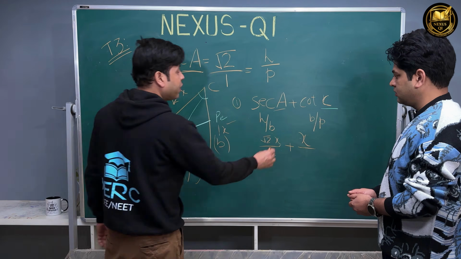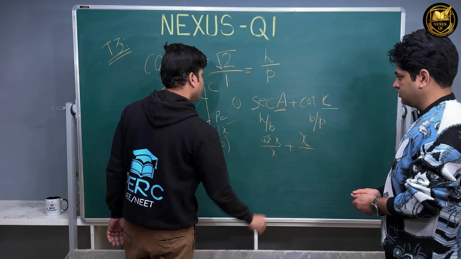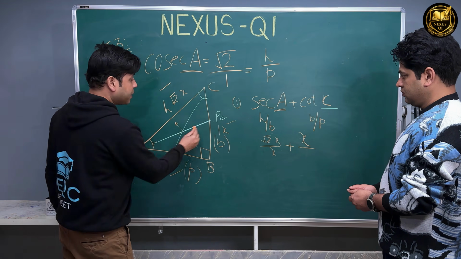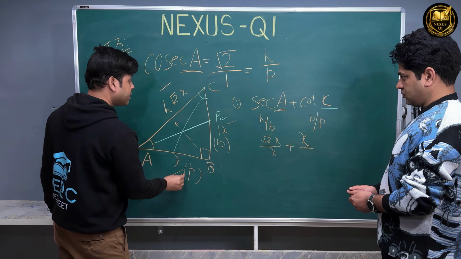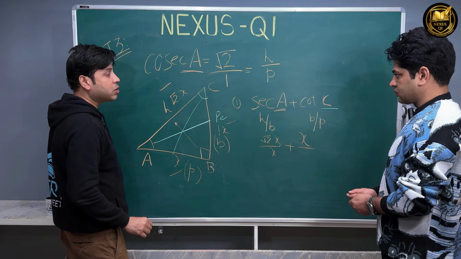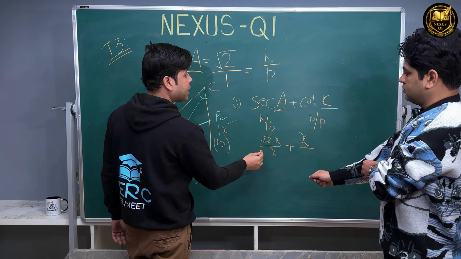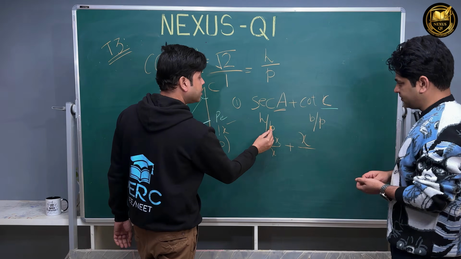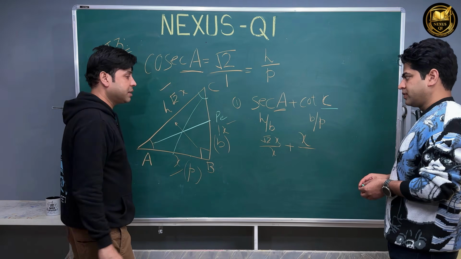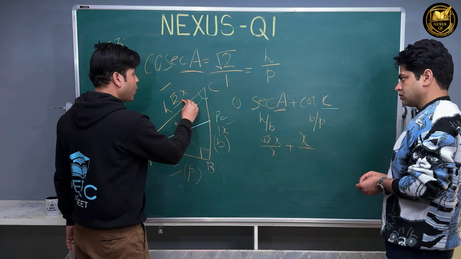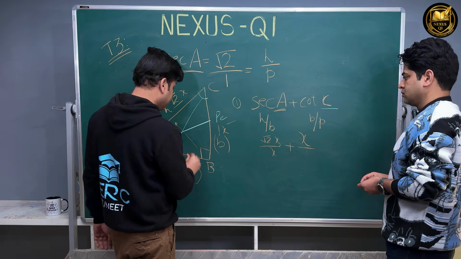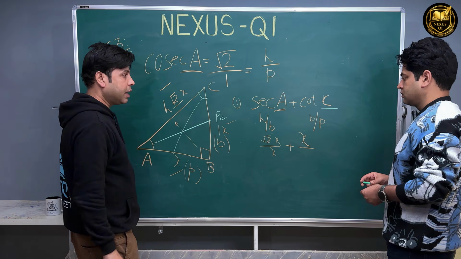So again, first see angle A. For angle A, this becomes perpendicular, this becomes base, this is the hypotenuse. Sec of angle A is the ratio of hypotenuse by base. Hypotenuse is root 2x and base is x, so root 2x by x.